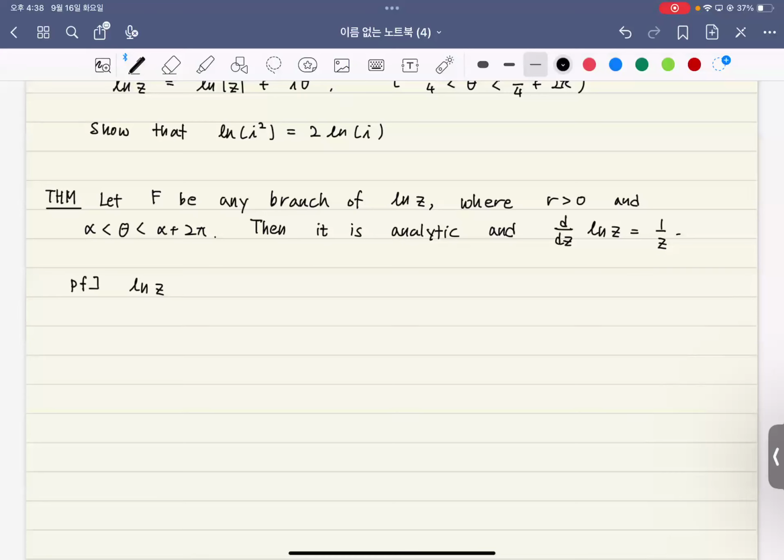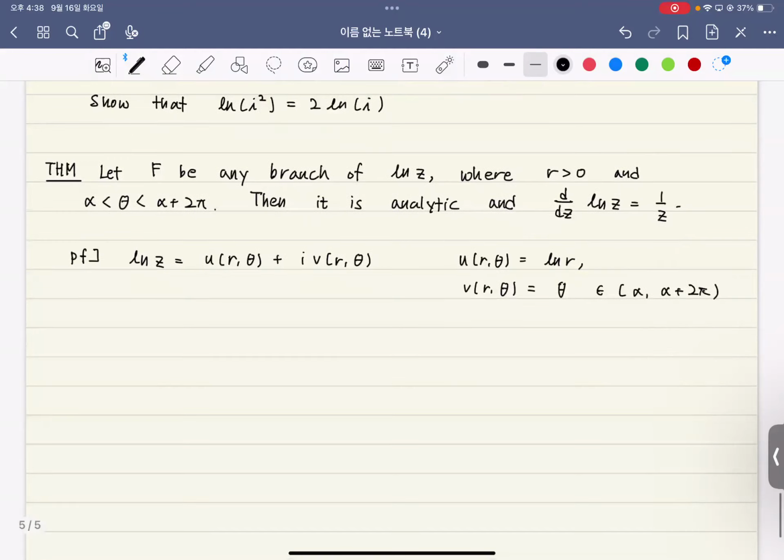So ln of z is u(r, theta) plus i times v(r, theta). Here the function u is ln of r, and the function v is just theta, which is a number between alpha and alpha plus 2 pi.